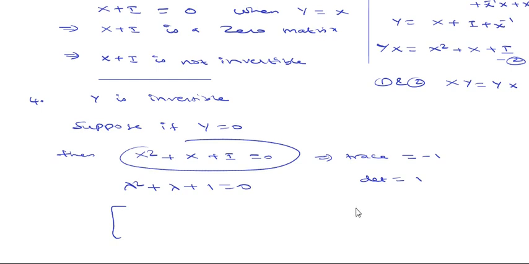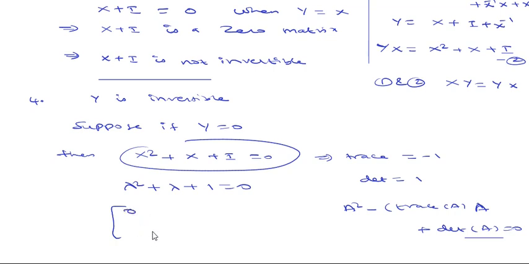So we can write the characteristic equation by using this technique: lambda square minus trace of A into lambda plus determinant of A equal to 0. So determinant of A is 1 and trace is minus 1.